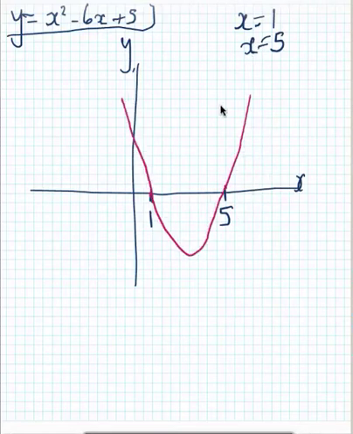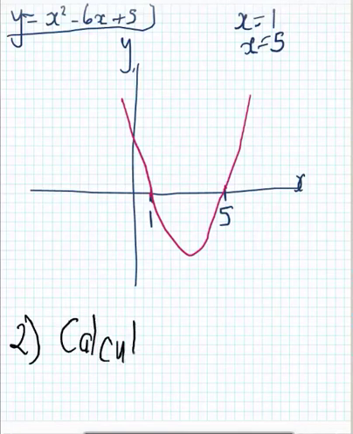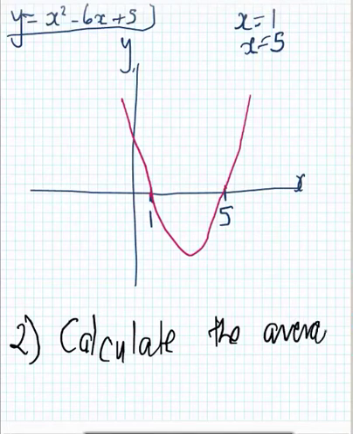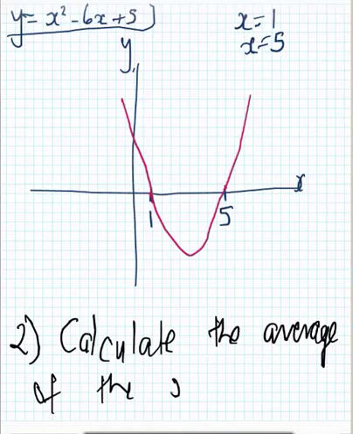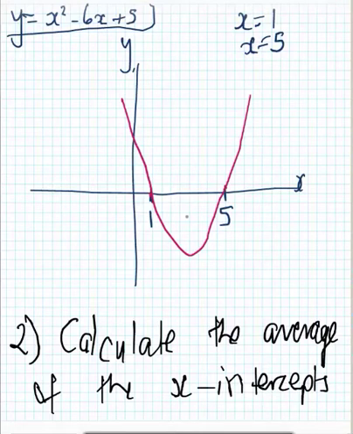Now what we have to find, our second step, is the turning point. And so for our second step, we calculate the average of the x-intercepts. And this will give us the halfway point.